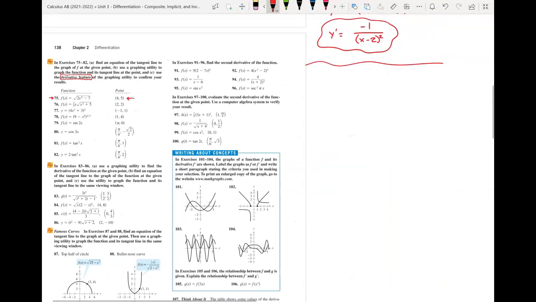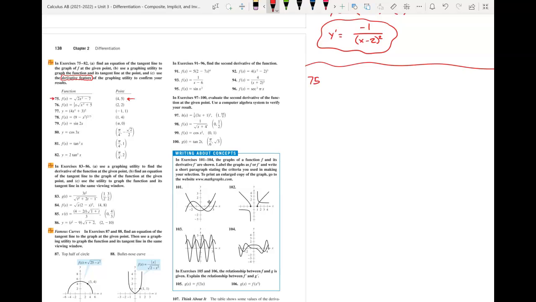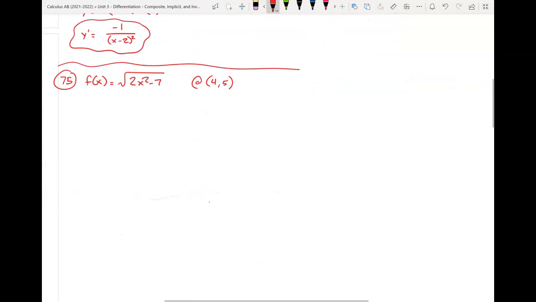So number 75, we have f of x equals square root of 2x squared minus 7, and we're going to be at the point 4, 5. We want to know what the tangent line is.